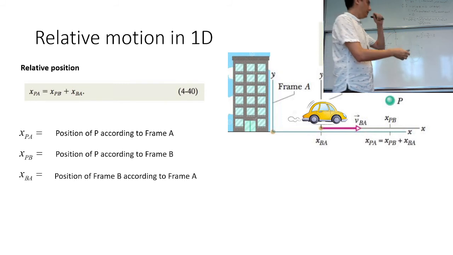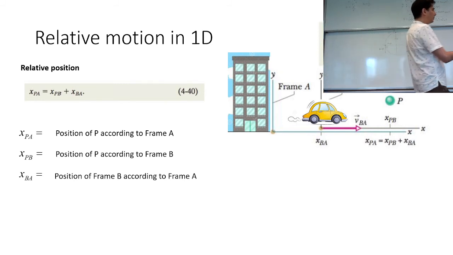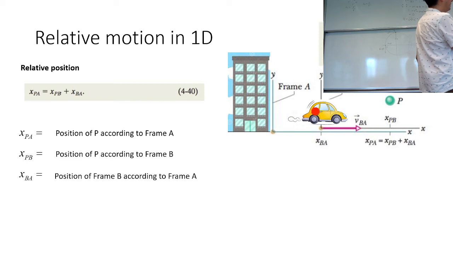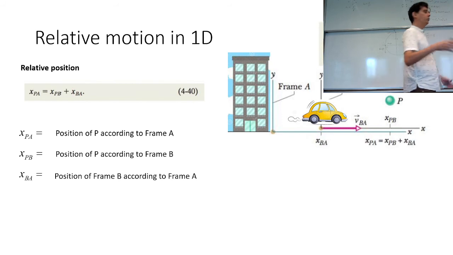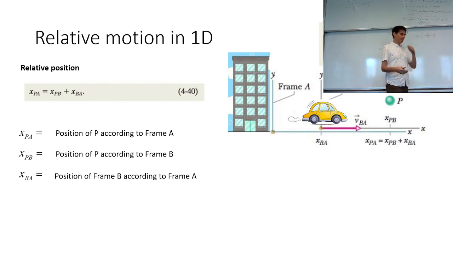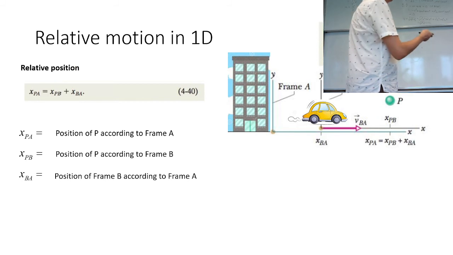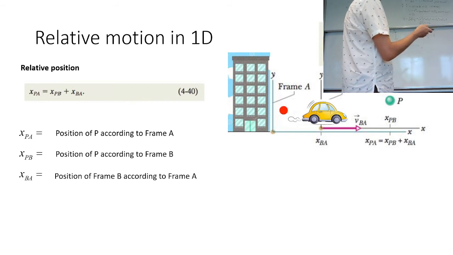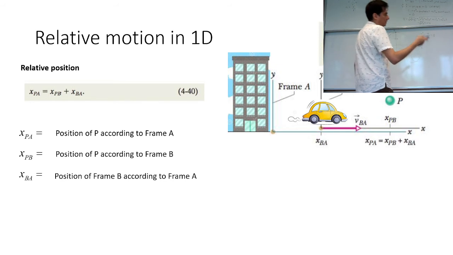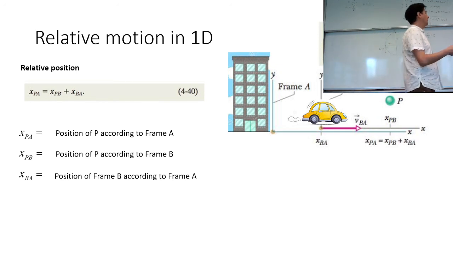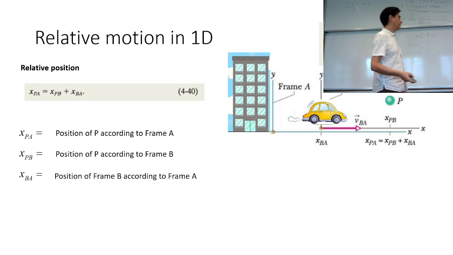The car's at some position, a bit closer to the object than frame A. And then there's also the position of frame B relative to frame A. So there's this distance, and you can see from the diagram that if you add these two distances, that's the total distance from A to P, so you just add them and that's it.